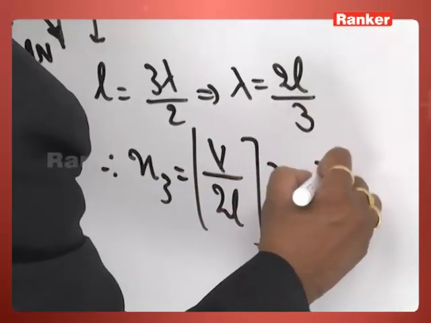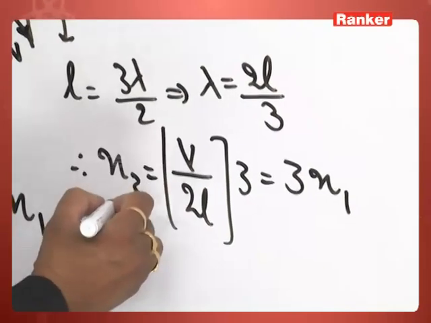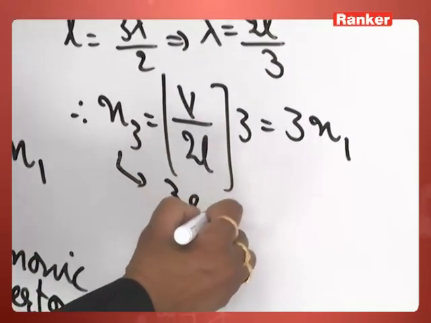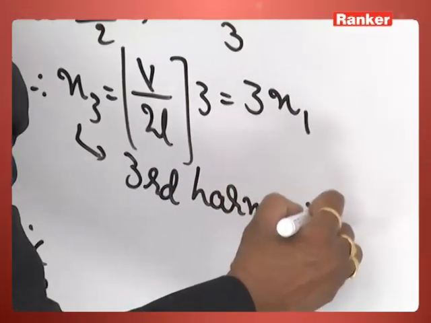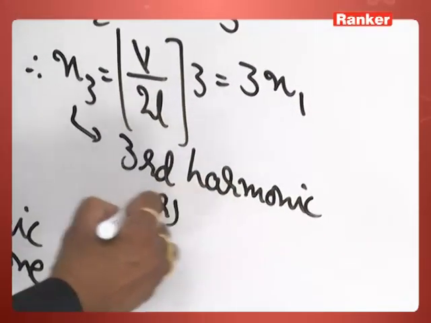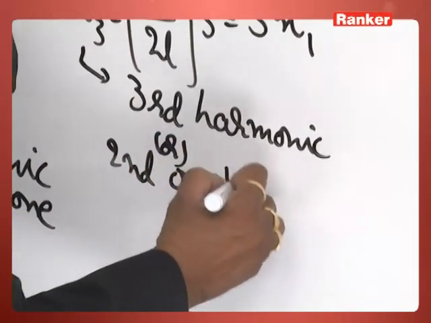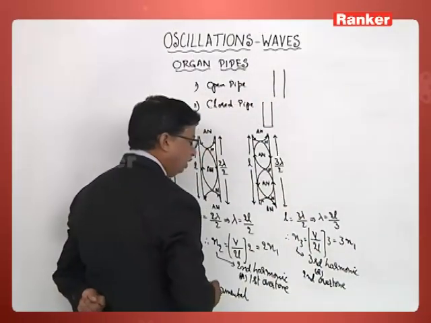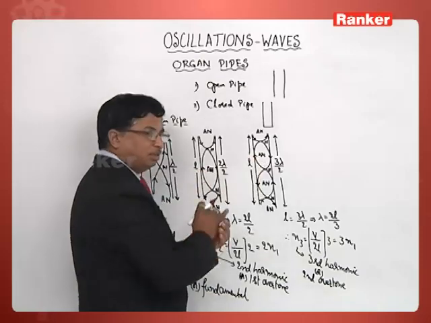In other words, I can say 3N1. So what are the names you can give to this one? Third harmonic you can call this. Or you can even count that one as second overtone. That is the concept. So either second overtone or third harmonic you can consider this way.